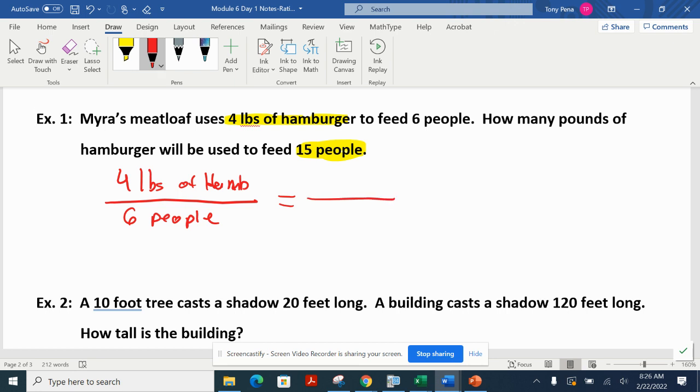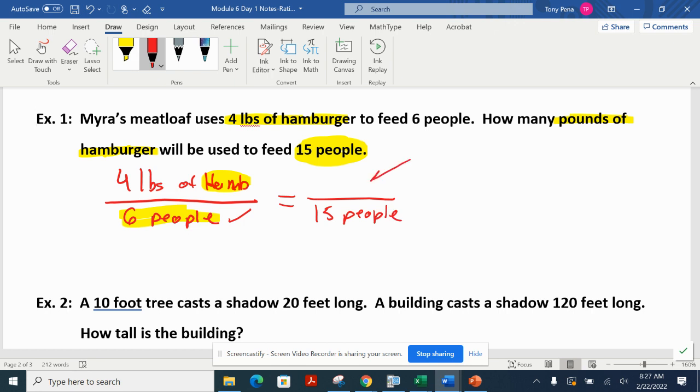And we're going to set up another fraction. The important thing here is what I want to know is how many pounds of hamburger I will need to feed 15 people. So notice in this original fraction how the hamburger is on top and the people are on the bottom. Since I put people on the bottom of the first fraction, I've got to put the 15 people on the bottom of the second fraction as well.